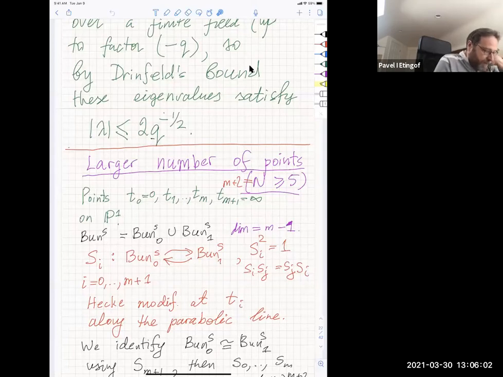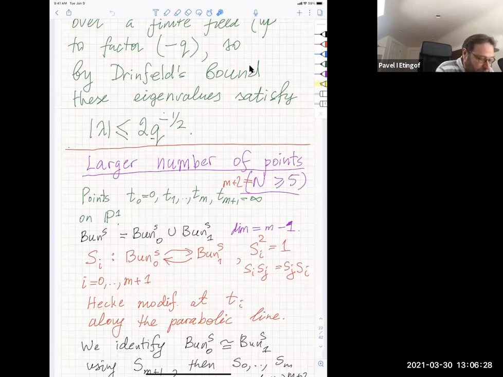In fact, if we pick any of the parabolic points, we have this involution S_i, which exchanges these components. And it is just the Hecke modification at the corresponding point t_i along the fixed line at that point. So these S_i satisfy the following relations.